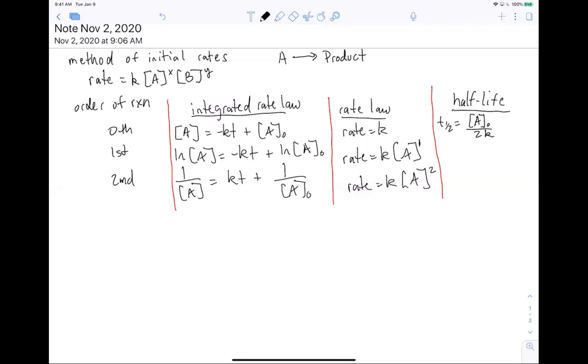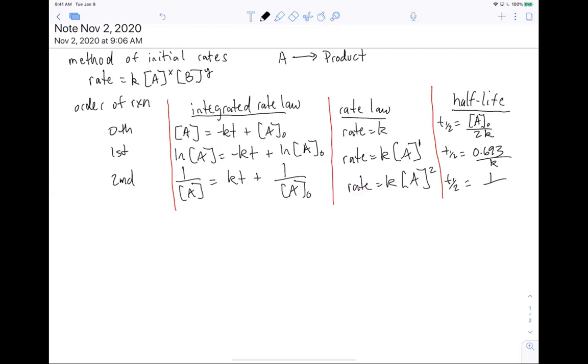For zeroth order, we are only dependent on the initial concentration. And then finally, for second order, we just have this expression.